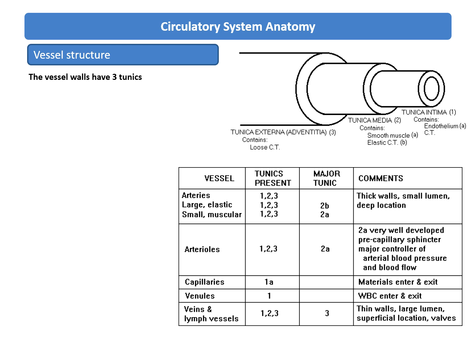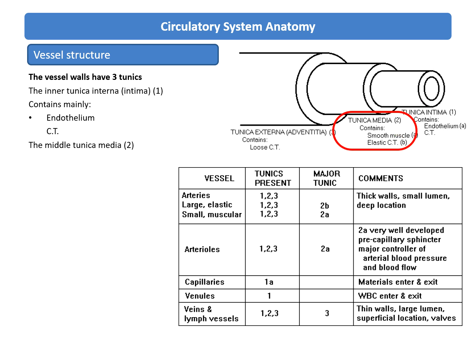Walls of blood vessels usually have three coats or tunics. The innermost is the tunica interna or intima. It contains mainly endothelium and connective tissue. The middle tunic is the tunica media. It consists mainly of smooth muscle, which is mostly circular.